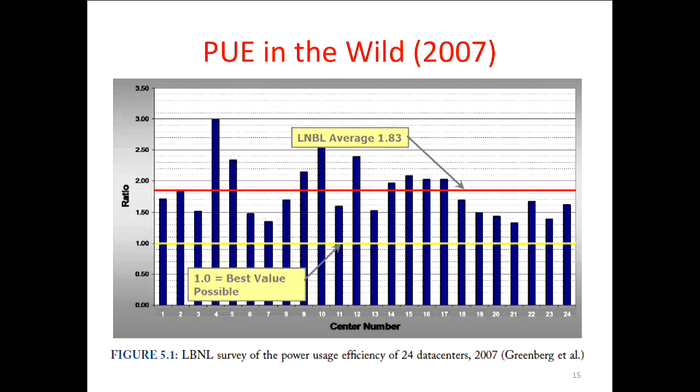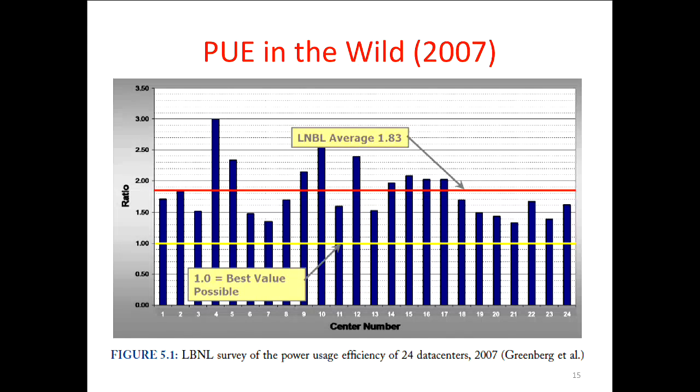So more than 60% of the total energy is consumed elsewhere, instead of being consumed by the computing unit. And the average is about 1.83. So as you can see, it's very inefficient, right?